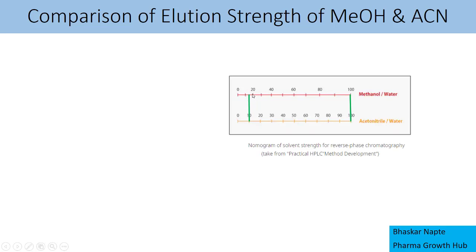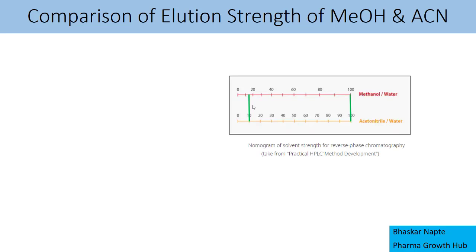You see that it actually matches with 15 parts of methanol to water. Now what does this indicate? This indicates that with a smaller proportion of organic solvent and water, ACN gives higher strength to the mobile phase. That means ACN makes the mobile phase stronger as compared to a similar proportion of methanol.